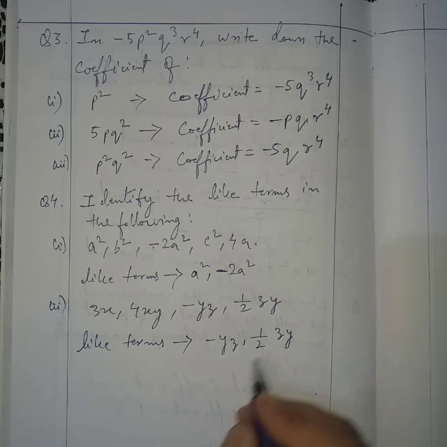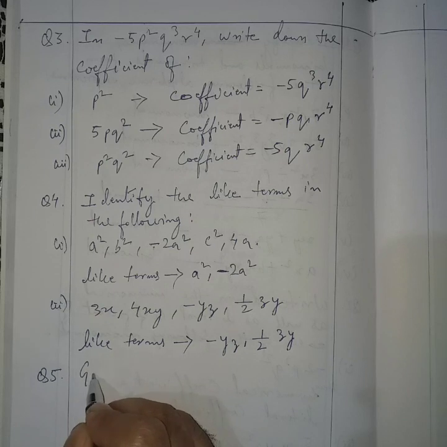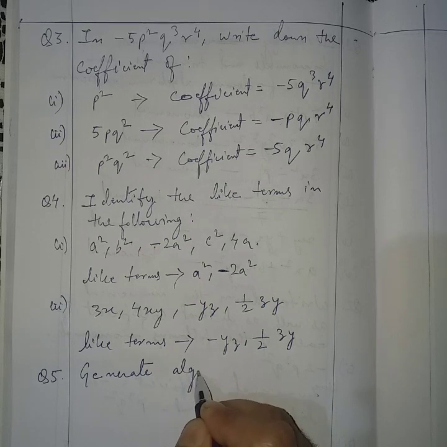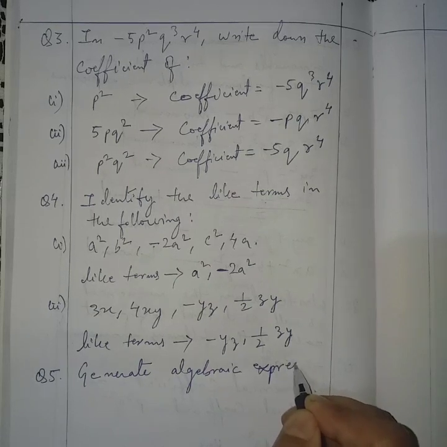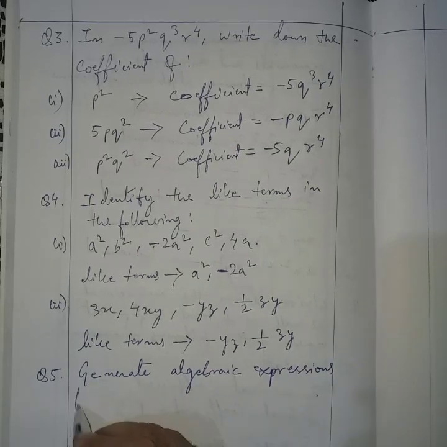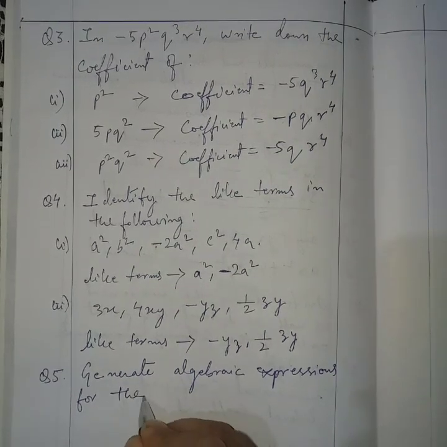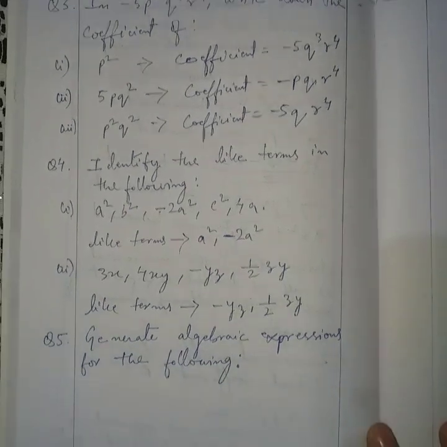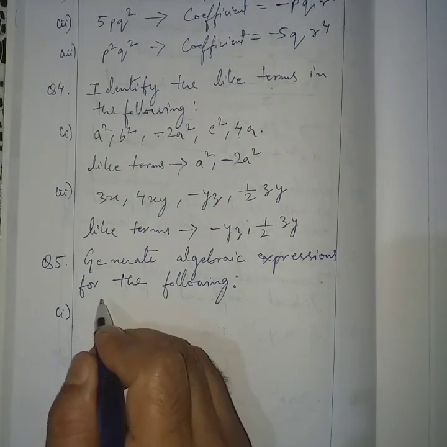Okay. Now question number 5. Generate algebraic expressions for the following. See, here we have to understand the words.